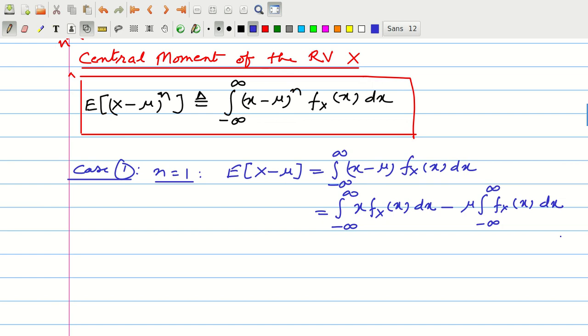Now in this, the first integral denotes the first moment E of X, or simply mu of the random variable X. The second integral denotes the total area under the PDF curve, which by definition is equal to 1. So we get the first central moment as mu minus mu, which is equal to 0.